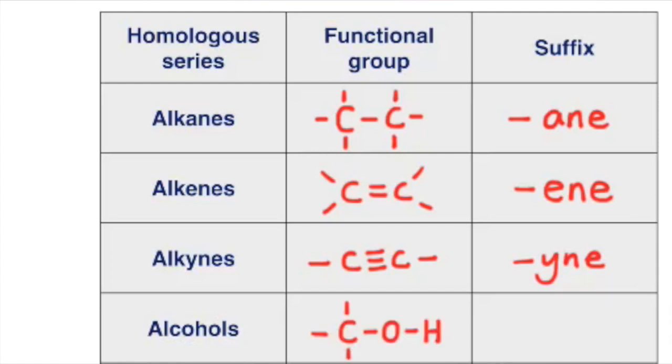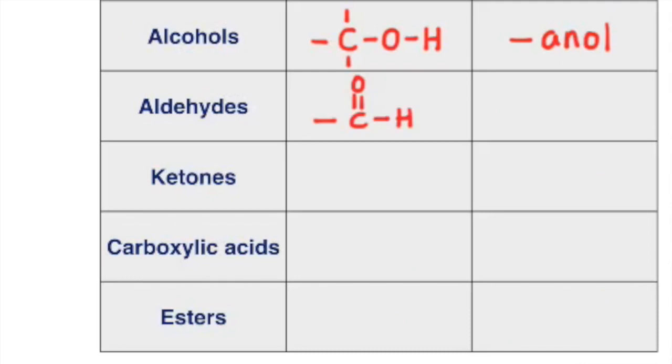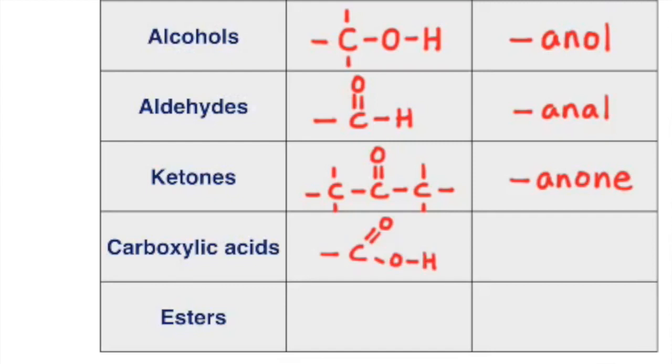If we then move on to the alcohols, they have got that OH hydroxy group bonded to a carbon atom, and their suffix is -anol. The aldehydes have got the carbonyl group on the end of a chain, and their suffix is -anal. Ketones have the carbonyl group somewhere in the middle of the chain, and their suffix is -anone.